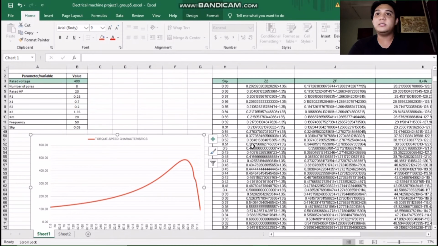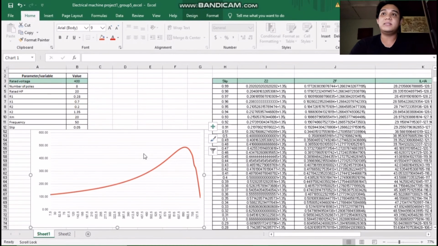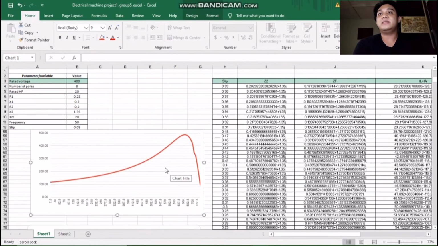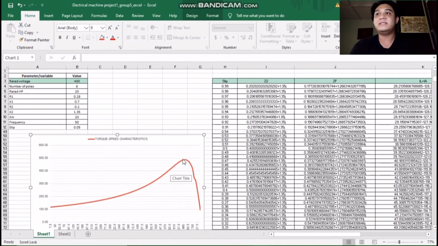Also in this project we have to understand the torque and speed characteristic, and also the power and speed characteristic. So I made two graphs to analyze it.